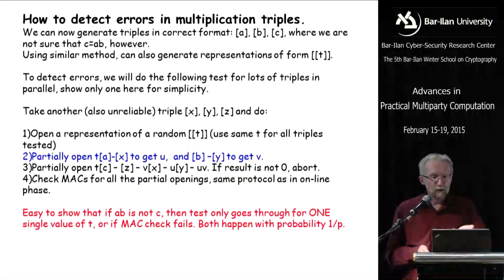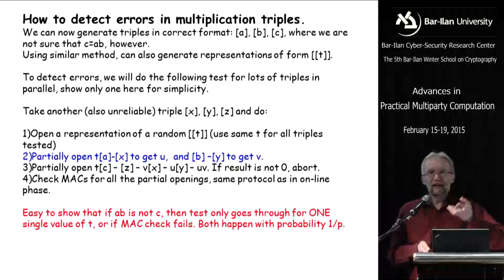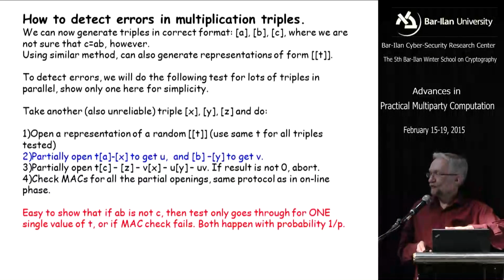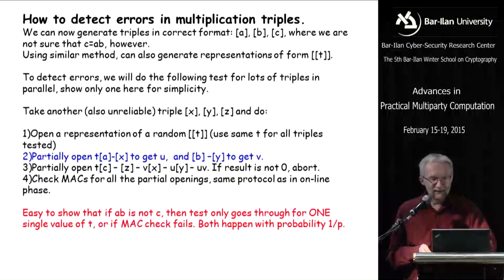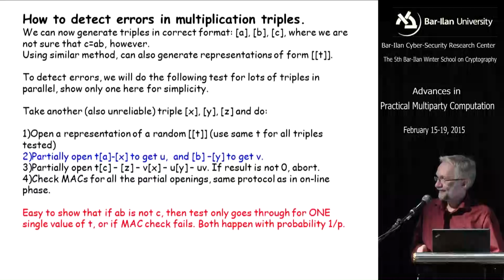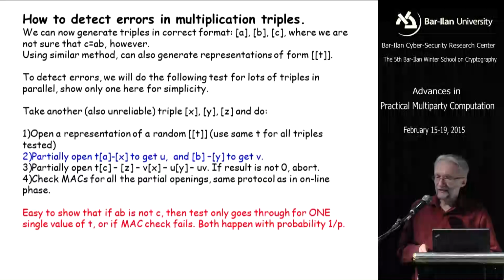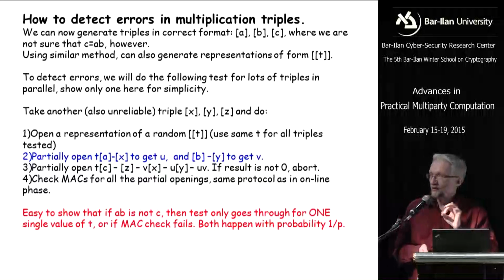Notice that, just like with Claudio's preprocessing yesterday, it doesn't matter if we reveal information about these secret values in case we have to abort, because then the whole game is over anyway. And there aren't even any inputs here that we have to protect. Yeah, so this is how it works. It's essentially the same proof as with the MACs. If you assume that AB minus C is not 0, and you assume that the equation you test is satisfied, you get an equation that determines the value of T uniquely, because AB minus C is not 0.